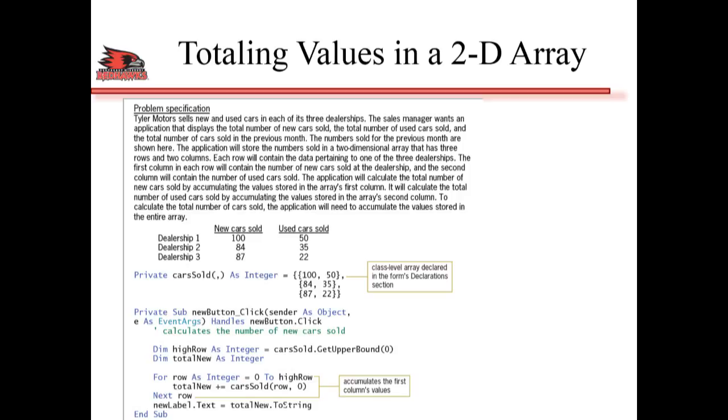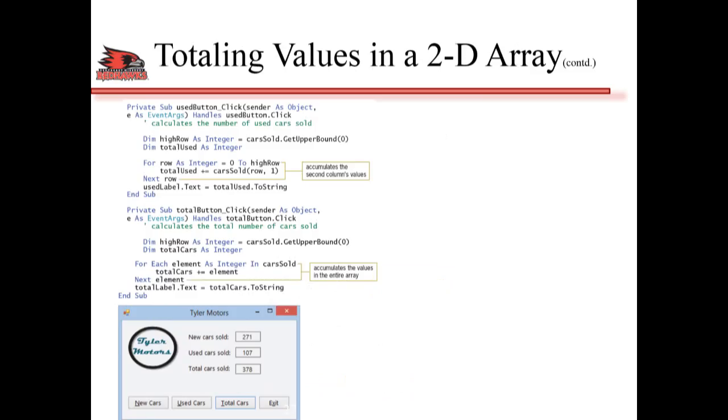And then it has a for loop, which adds up the number in that row to total new, because total new is an accumulator, so it accumulates the cars sold, adding up that amount in each row, and then it gets displayed in a label.